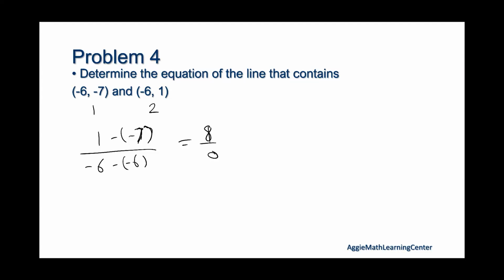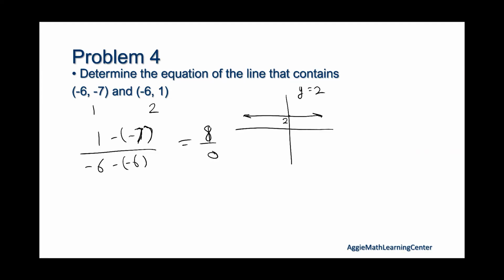We have to think back, because there are a couple of cases where the slope is a little funny. When we had a horizontal line, we had a slope of 0, and we wrote the equation simply as y equals whatever the y-intercept was. Let's say this right here is 2.